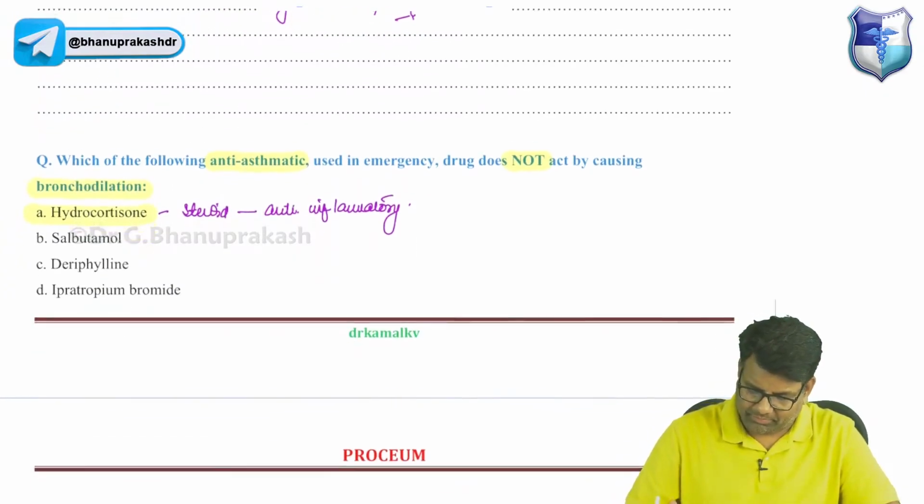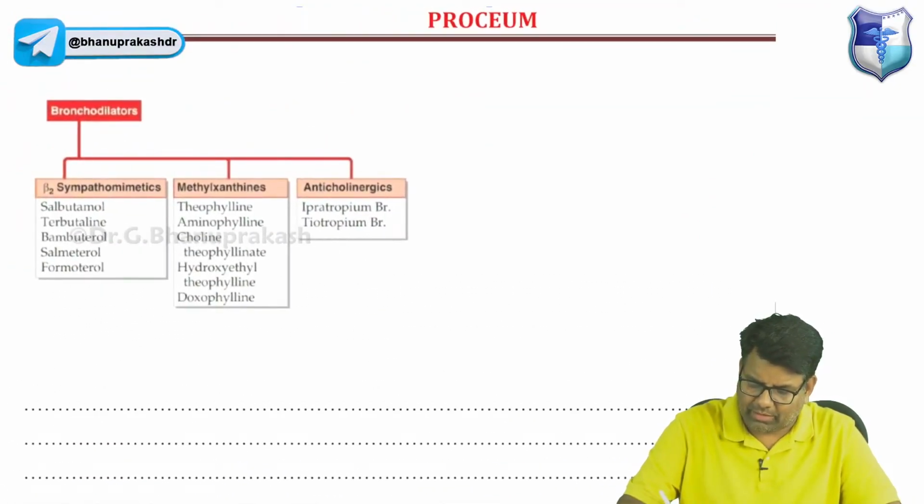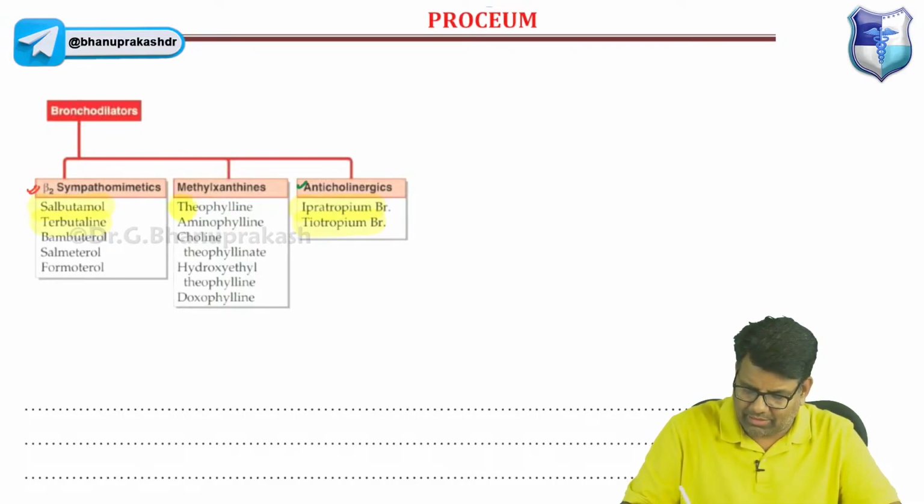So steroid. And if you take the classification for the bronchodilators, you can have anticholinergics, of course, principally ipratropium or tiotropium. Then you can have sympathomimetics like salbutamol, terbutaline, okay, and then you can have methylxanthine, namely theophylline.